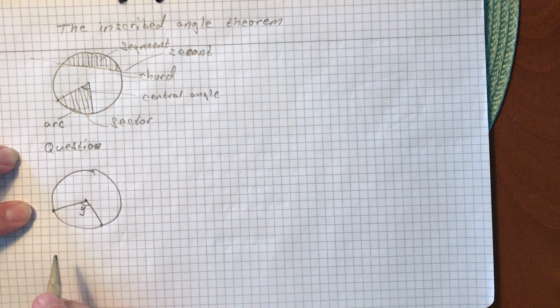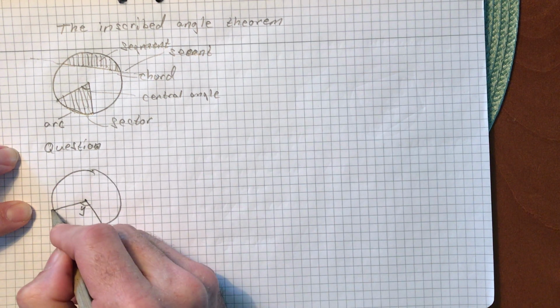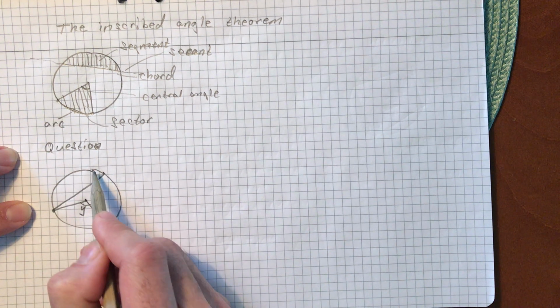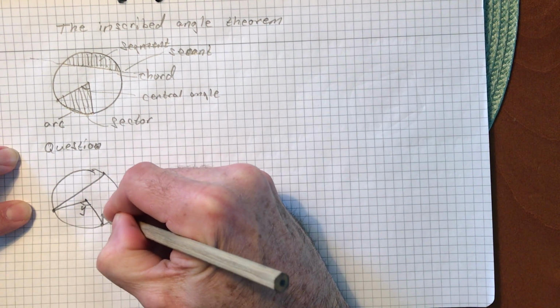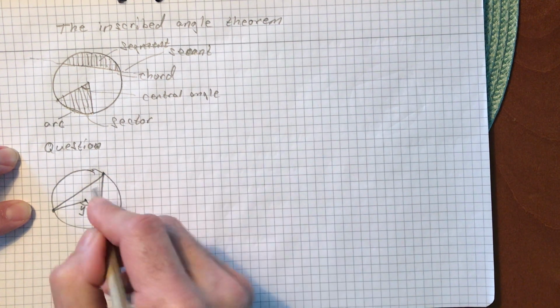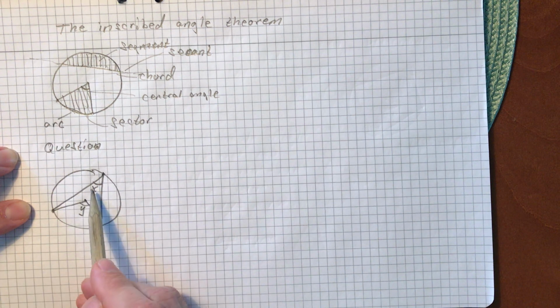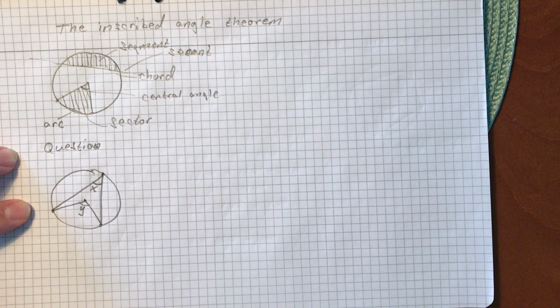Let's call it y. Then from this same point I draw a line to a point on the circle, and a line from the other point to the same point. So I will get this angle. This is called the inscribed angle, x.